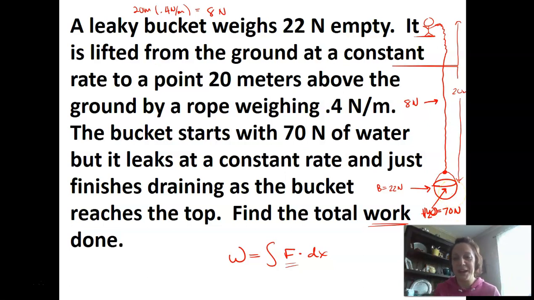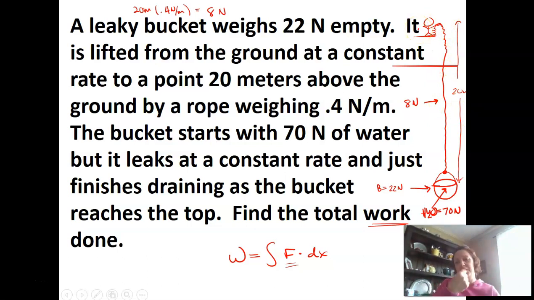Now think about what's going to happen as this calculus student starts pulling the rope up. Two things are happening. The more you pull up, the less rope is hanging, because as he pulls the rope up, it piles up on the ground here. It's no longer part of the hanging weight.